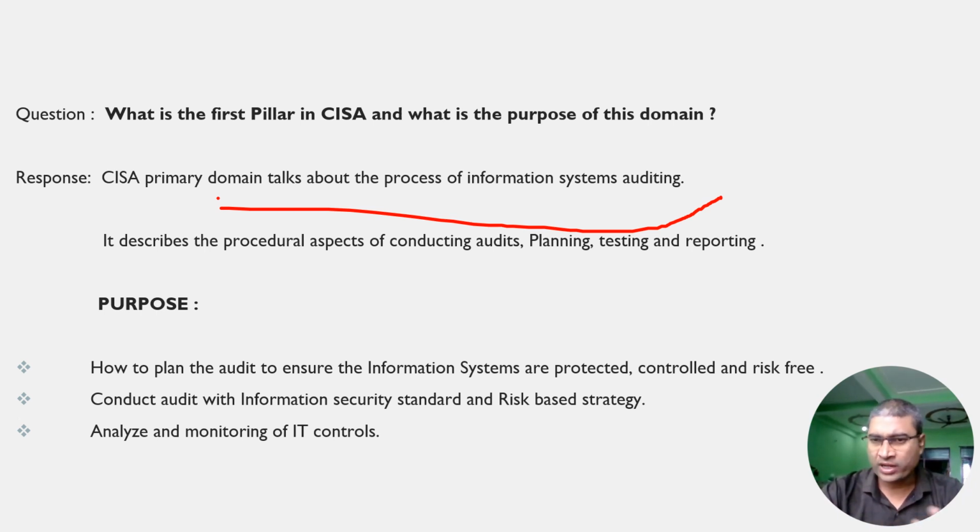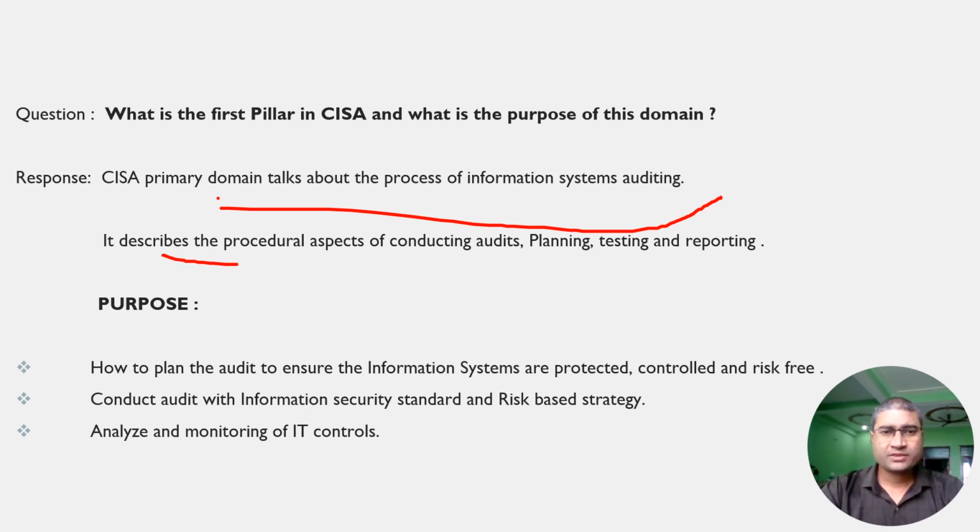How to plan, how to execute, what things we should take care of, and the best process for information systems audit. All these fundamentals come in CISA. So CISA talks about auditing services, point number 1.